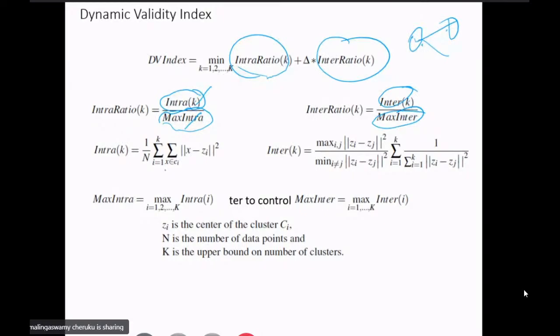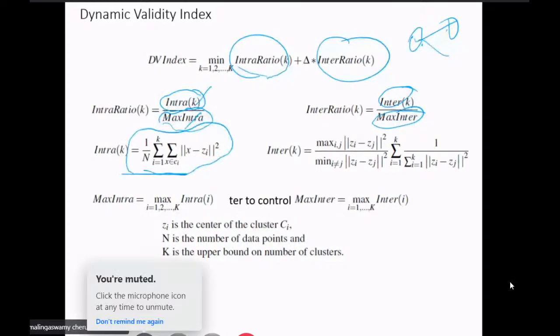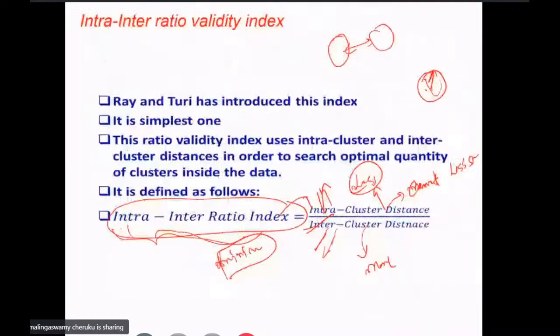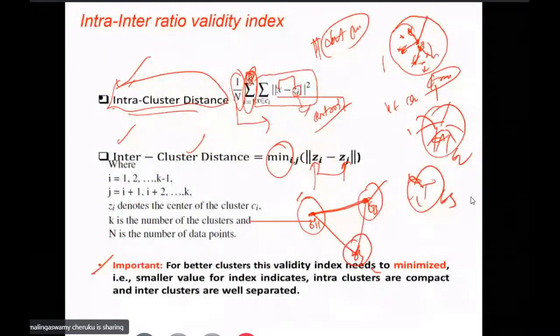Now this talks about the intra of K. We already defined this in the intra-ratio index, and the formula is the same. From a given centroid to all the points, it finds the distances, and this is repeated for all the clusters.